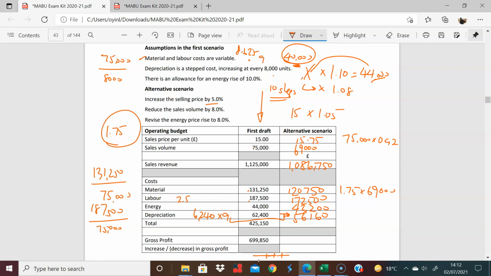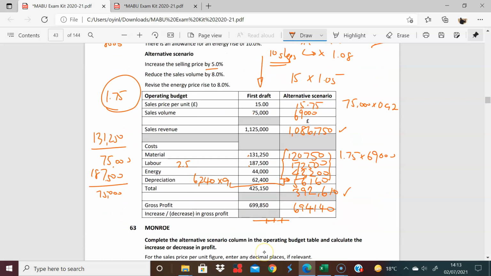Okay, great. So let's add all these together: 120,750 plus 172,500 plus 43,200 plus 56,160 is 392,610. That's the total of all these costs. So now that you have the sales revenue and these costs, you subtract those. You have 1,086,750, and then 694,140.